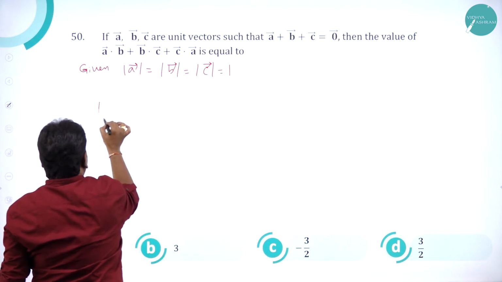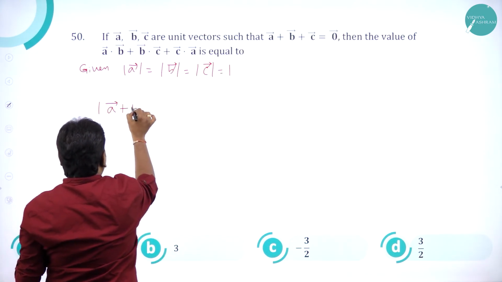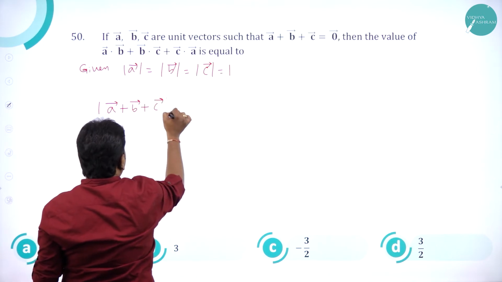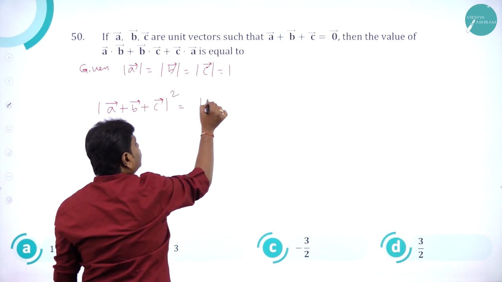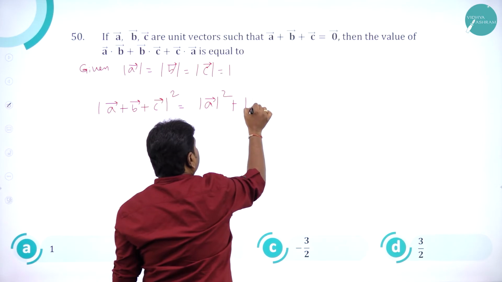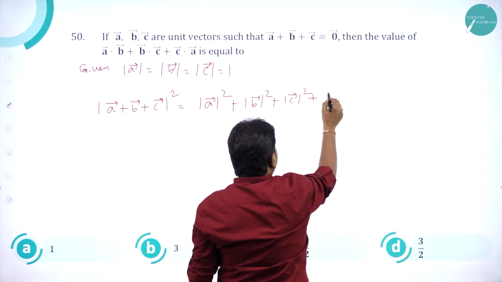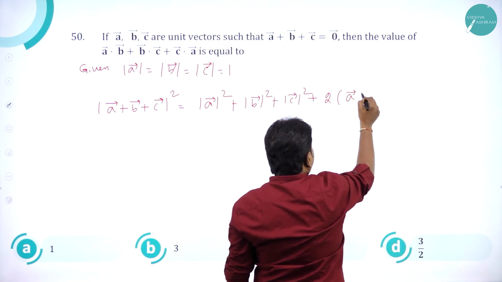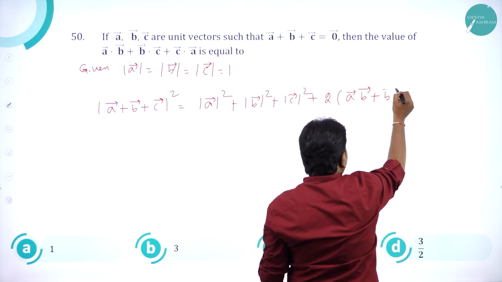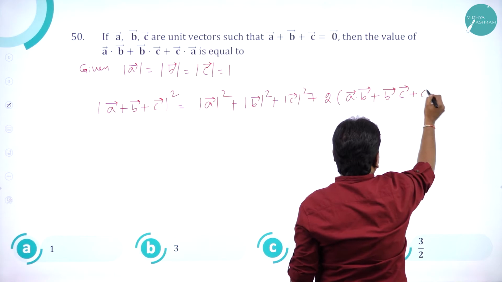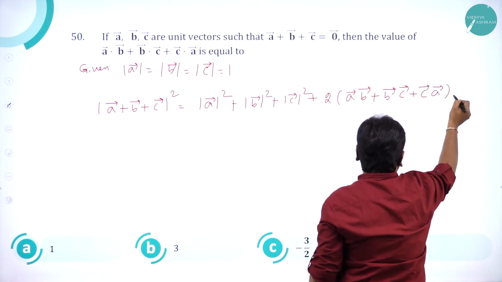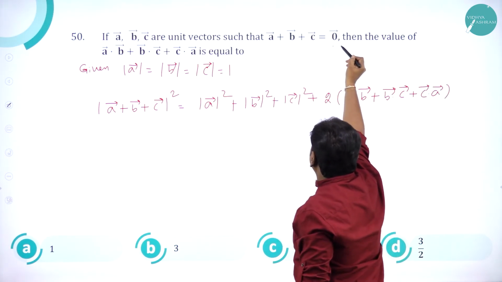I will consider the formula. So we know magnitude of A plus B plus C the whole square, all of you know. What is magnitude of A plus B plus C the whole square? Magnitude A square plus magnitude B square plus magnitude C square plus 2 times A dot B plus B dot C plus C dot A. This is the formula you know. And again, they gave this 0 vector.